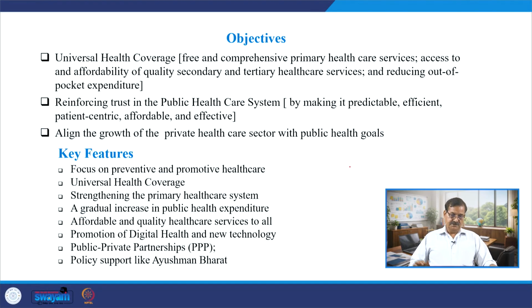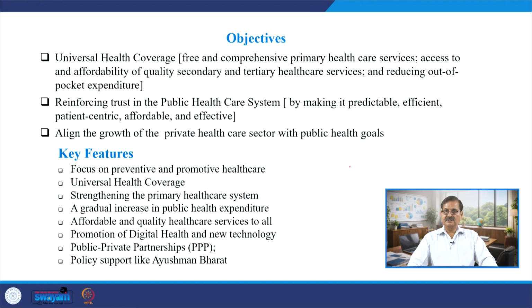The main objectives of this policy are universal health coverage, free and compulsory primary healthcare services, access to and affordability of quality secondary and tertiary healthcare services, and reducing out-of-pocket expenses. So, the first objective is that healthcare service should be universal.